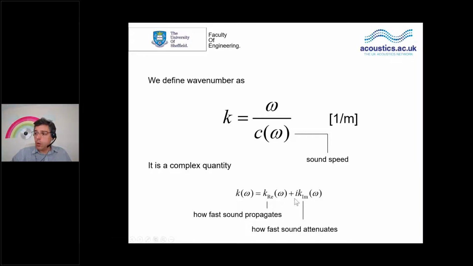It contains a real part and an imaginary part. The real part basically tells us how fast the sound wave travels. The imaginary part tells us how fast the sound wave attenuates. And obviously this has a unit, which is 1 divided by a meter, because it is multiplied by the distance the sound wave propagates.